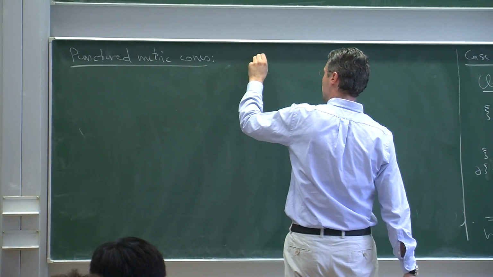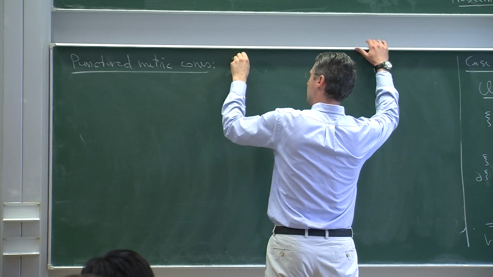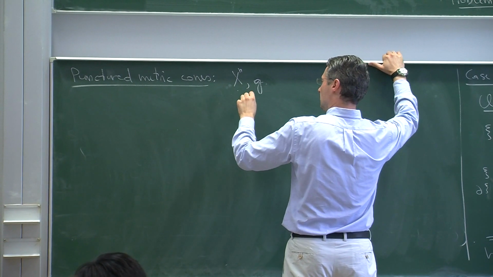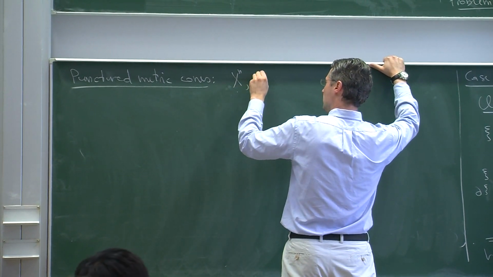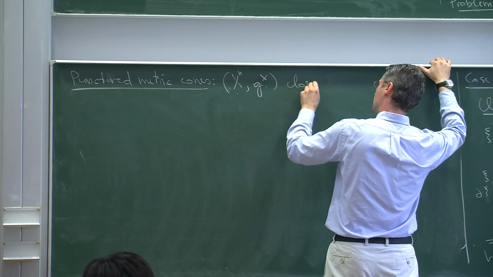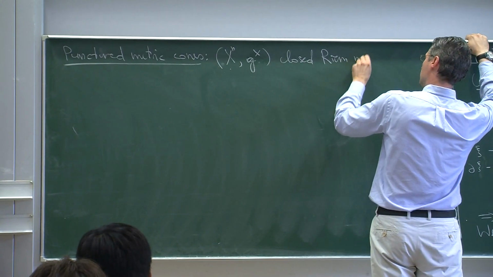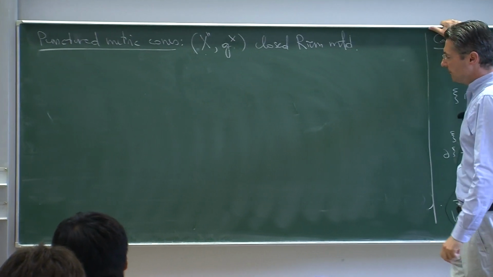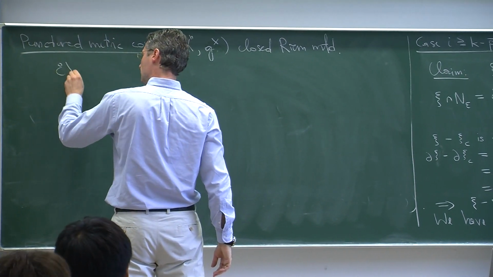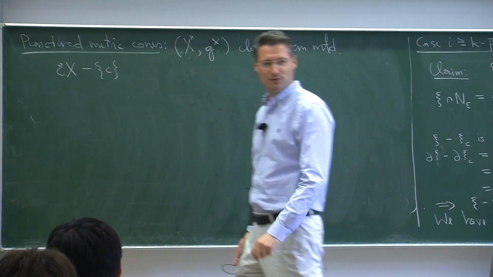Punctured means, let me say X^n is a closed oriented manifold with a metric g_X. So a closed Riemannian manifold, oriented of course. And you take the open cone on it, but then immediately you remove the singularity. You remove the cone point.